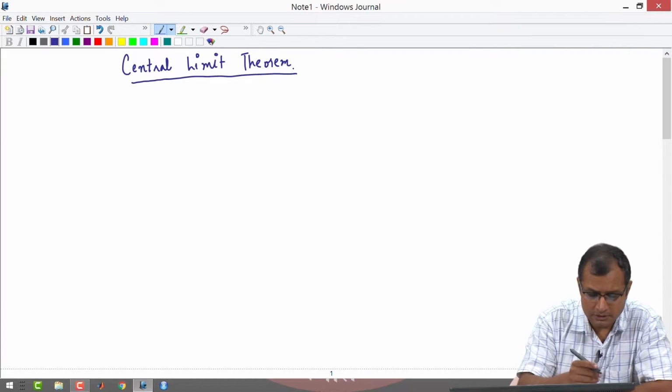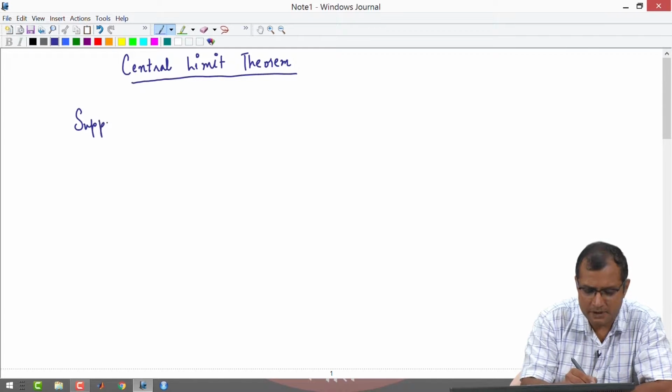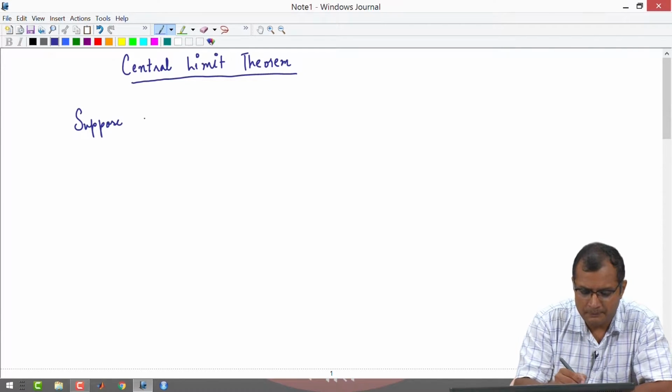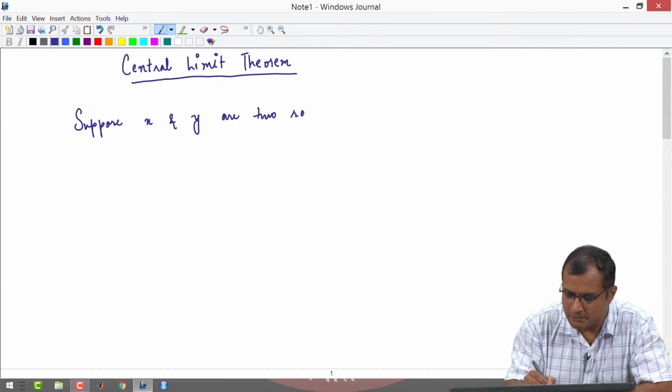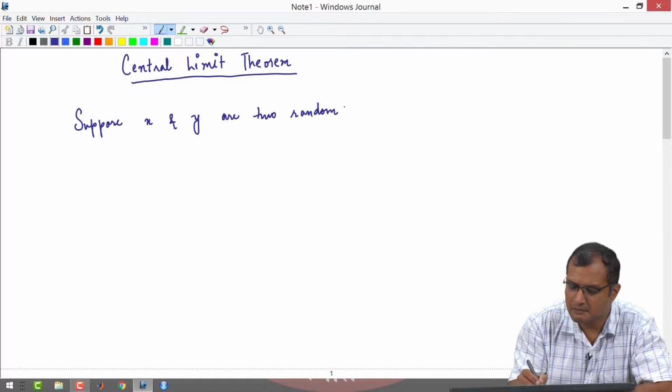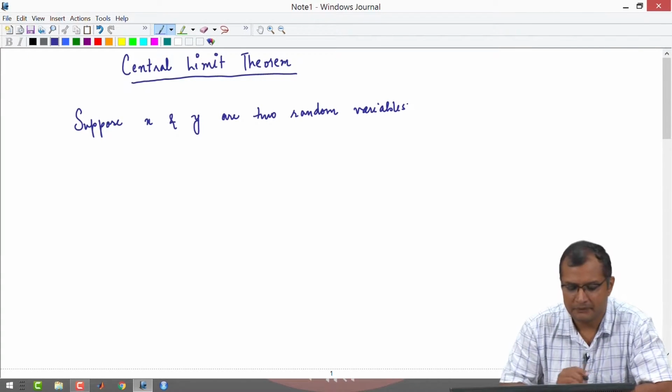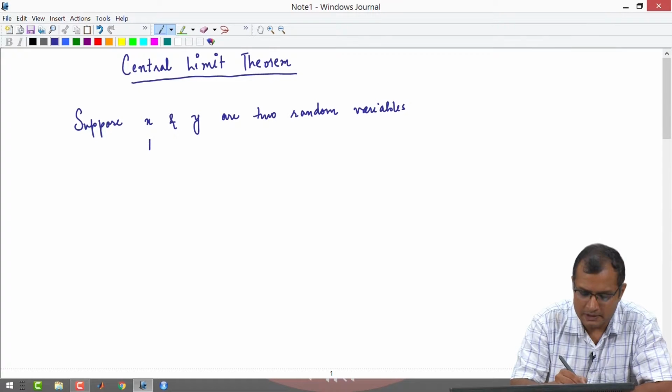Now, suppose you take two random variables x and y. They are two random variables, and the distribution of x is p of x.